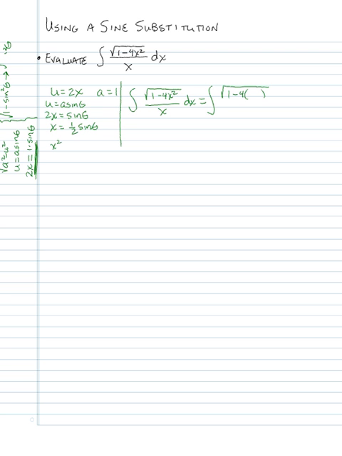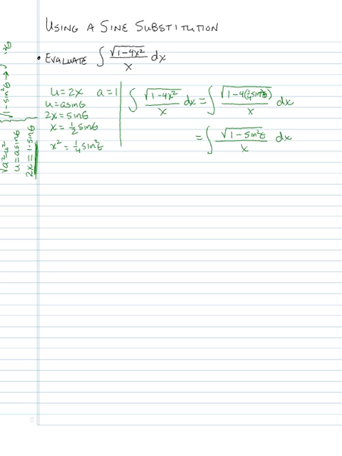When we square x, we get 1/4 sine squared theta. That's replacing x. And below, of course, we have x dx. That really is ugly, I apologize. But under that radical now, when we multiply that 4 and that 1/4, we end up with just sine squared theta.